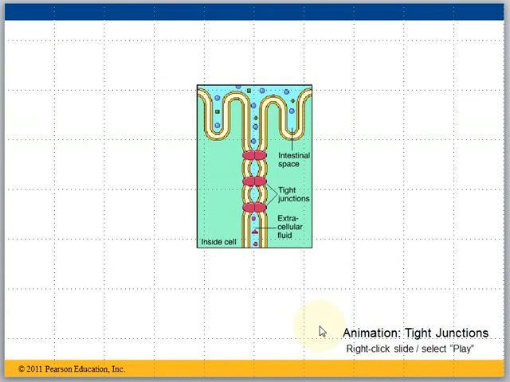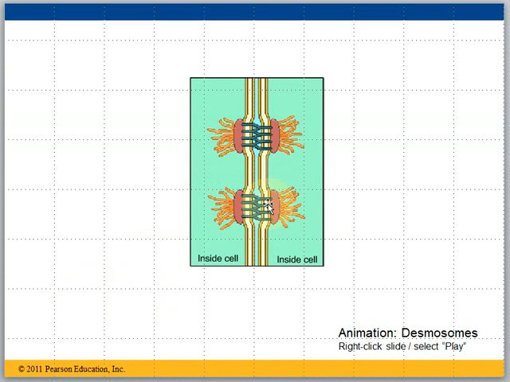So a quick little animation of a tight junction. Right in this space here, you see where the cells are pushed up against each other and they don't allow the external liquid to get inside that space. That's a tight junction or tight juncture. You can right click and hit play on that. Here we have those anchoring points we were talking about, the desmosomes.